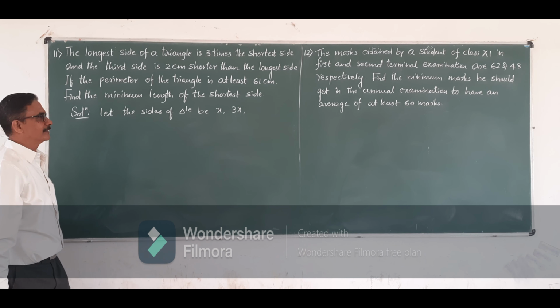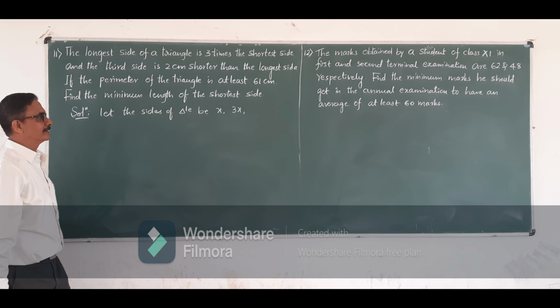Now according to the question, the perimeter of the triangle is at least 61 centimeters. Perimeter is the sum of all sides. Therefore, x plus 3x plus 3x minus 2 is at least, the word at least meaning more than or equal to, 61.